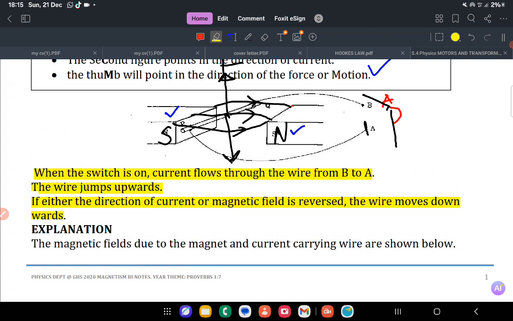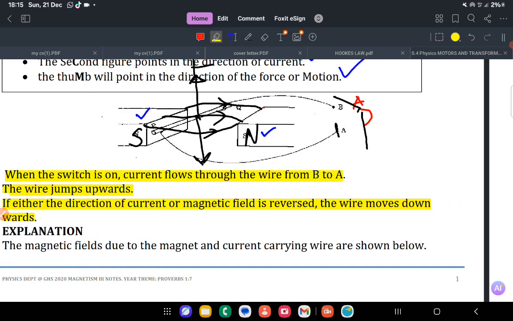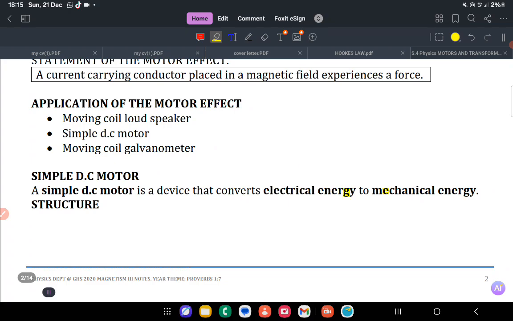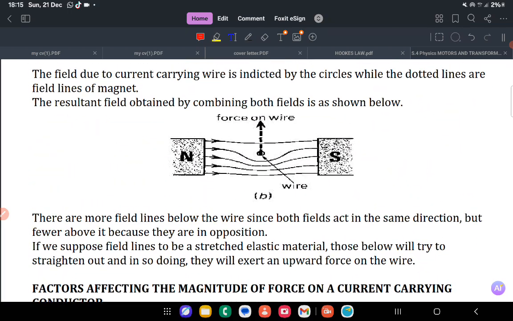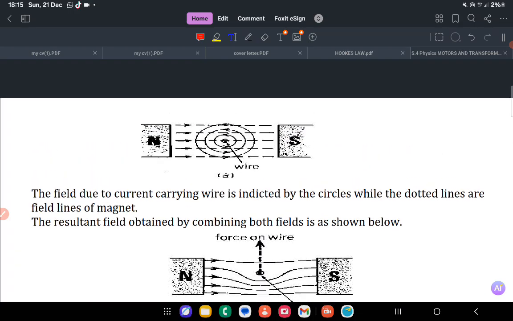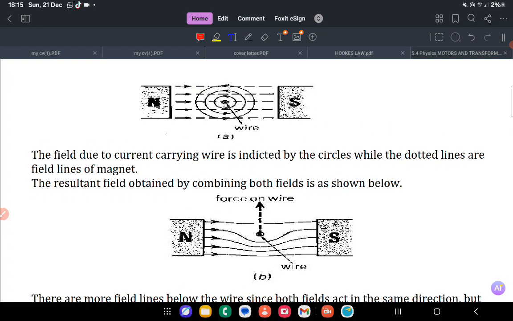All right. Now, the magnetic field due to the magnets and the current carrying wire can be shown in the diagram here. So we have the north pole on one end and the south pole this end.